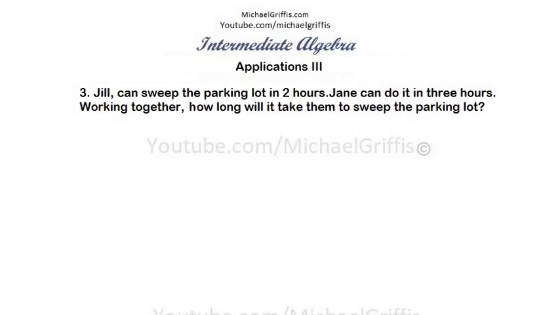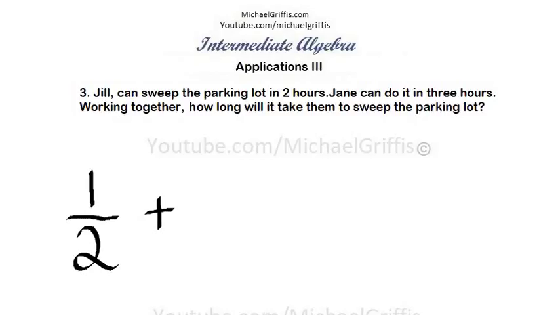So let's take a look at this. Jill can sweep the parking lot in 2 hours. But remember, we're circling our mind around 1 hour. So that means she can get half the job done in 1 hour. It takes her 2 hours.